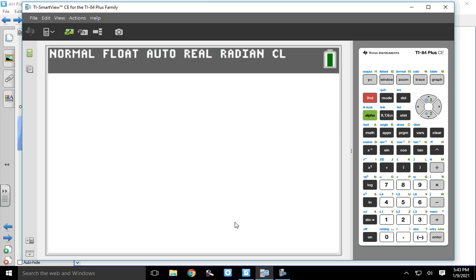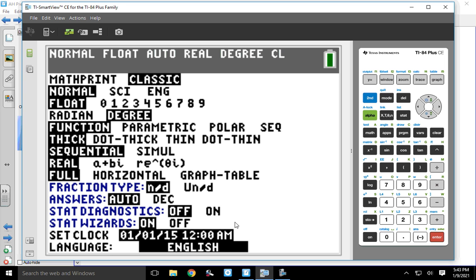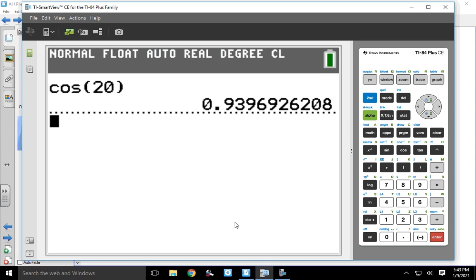Go ahead and grab your calculator. And we are in degrees here, so let me switch over to degrees on my calculator. And we'll take the cosine of 20 degrees and the cosine of a negative 20 degrees.